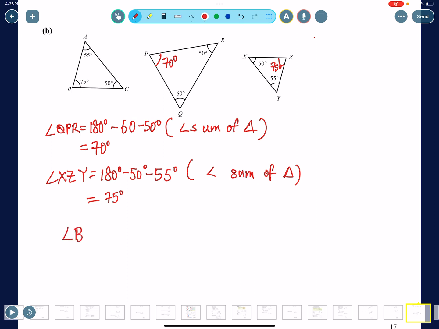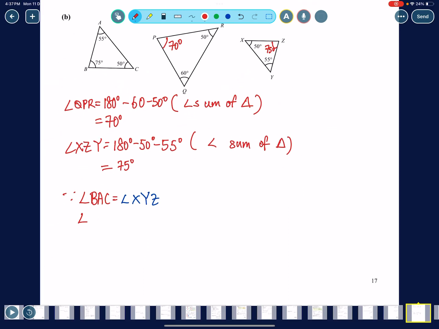Angle BAC equals angle XYZ. Next, ACB, 50 degrees, equals YXZ, 50 degrees. Then angle ABC, 75 degrees, equals 75 degrees, XZY.